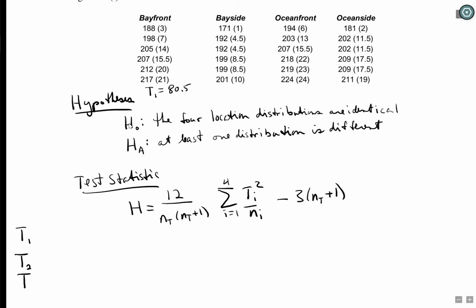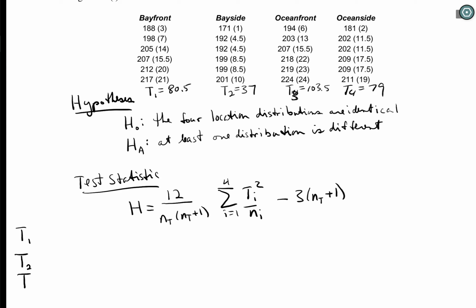You add the ranks together for sample 2, that's called T2, and you get 37. T3, the sum of the ranks there is 103.5. T4 is 79 there. Okay.